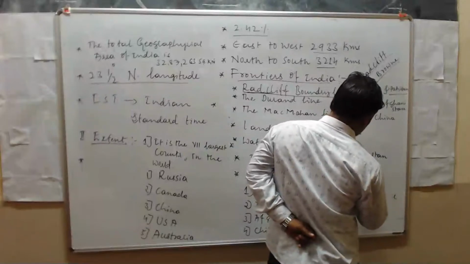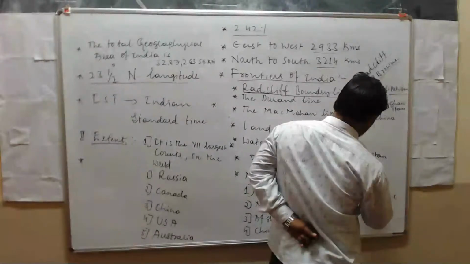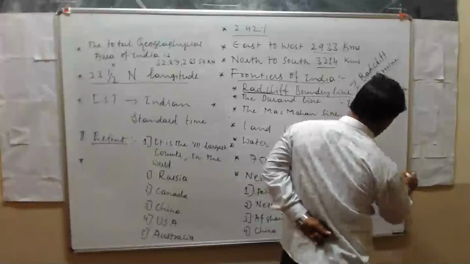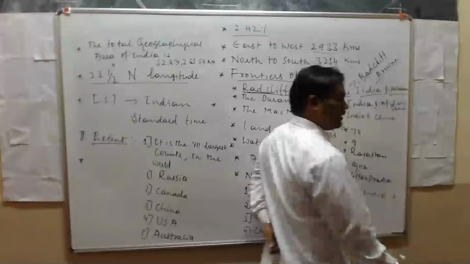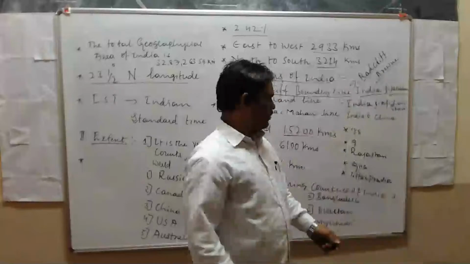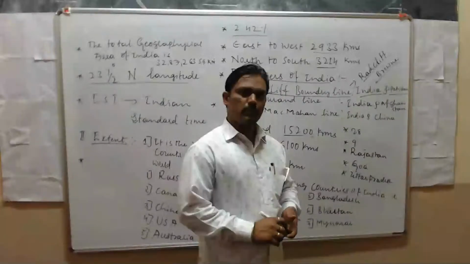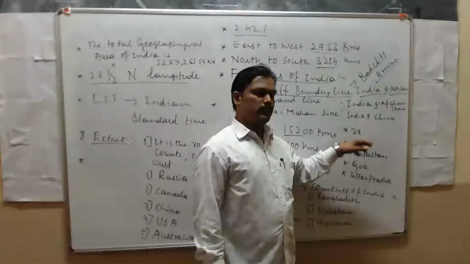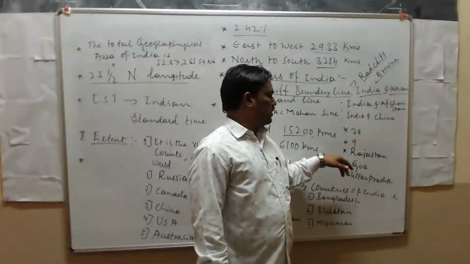Uttar Pradesh has the highest population. Sikkim has the lowest population. Once again, see. At present, India has 28 states and 9 union territories.